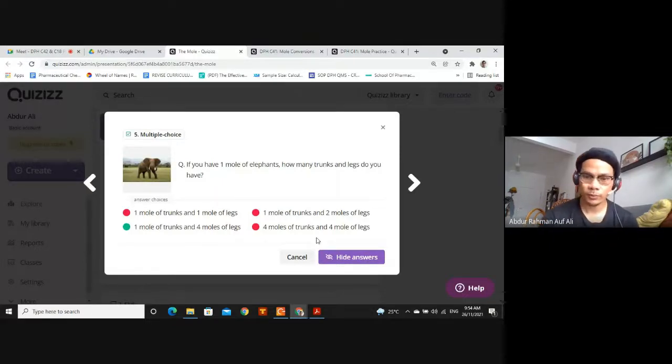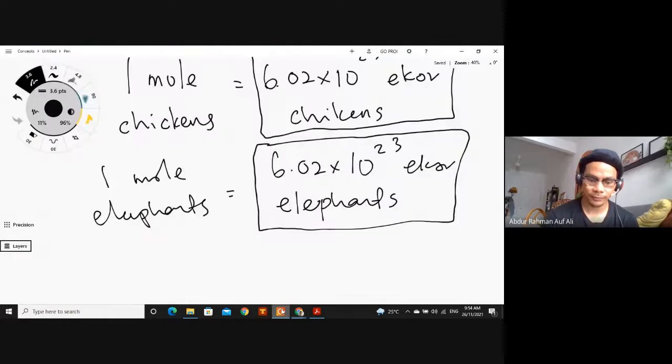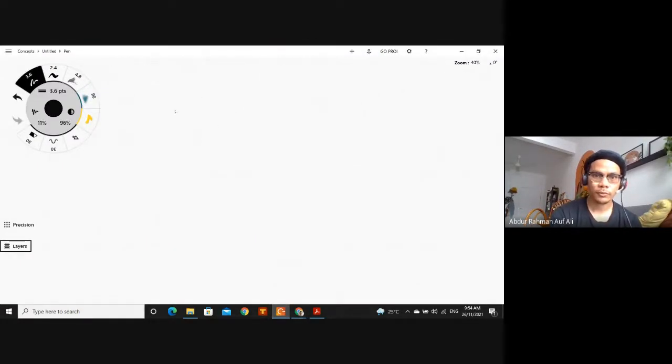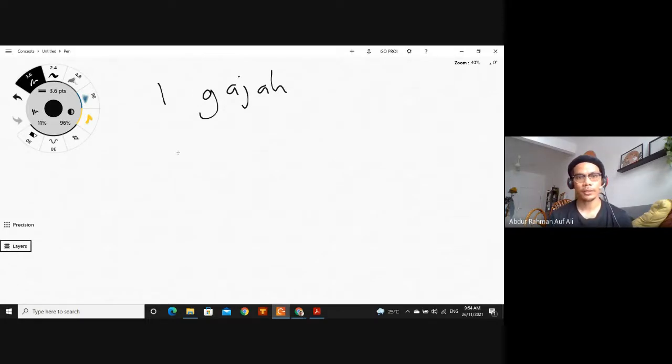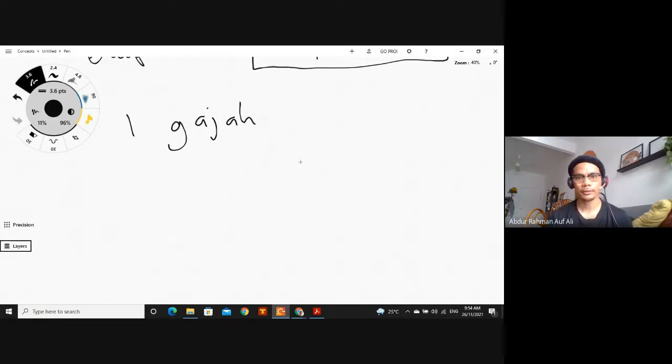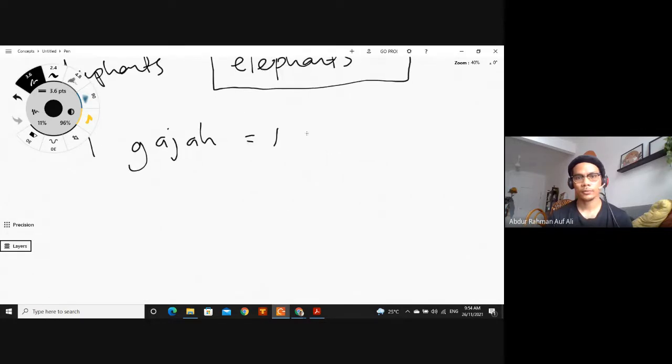Okay, so if we try to expand that, 1 gajah, saya pilih gajah because less character untuk saya tulis. So 1 ekor gajah ada 1 trunk, 1 belalai dan 4 kaki.